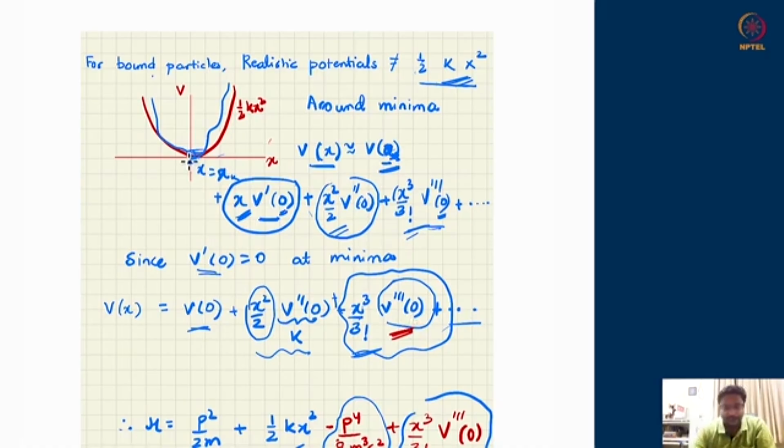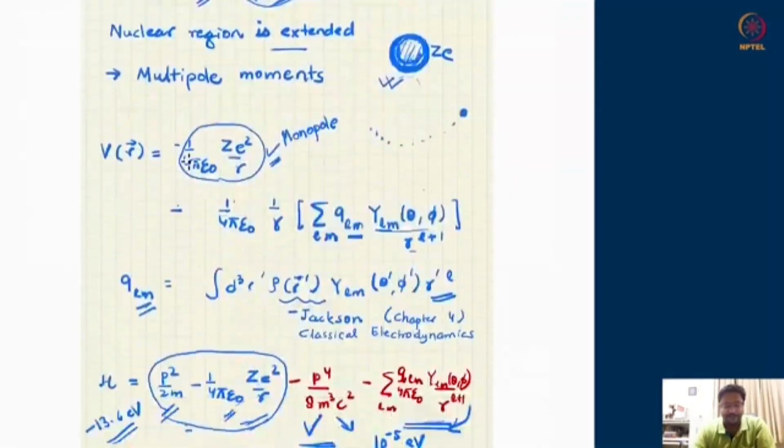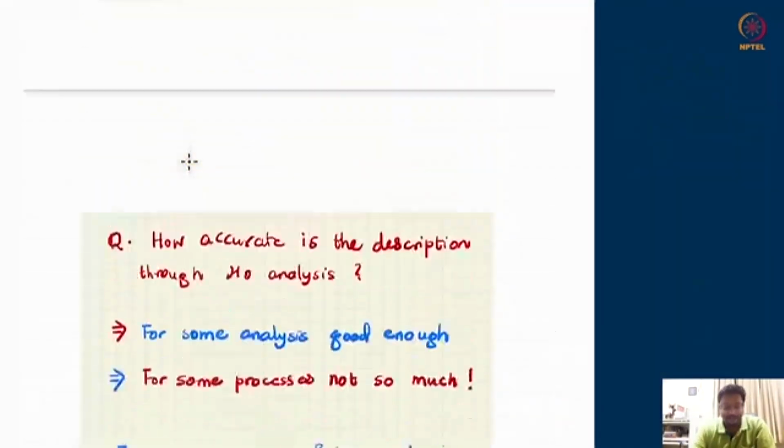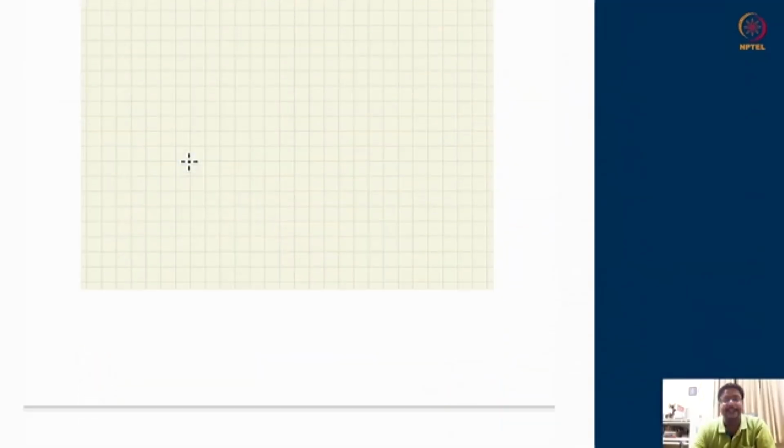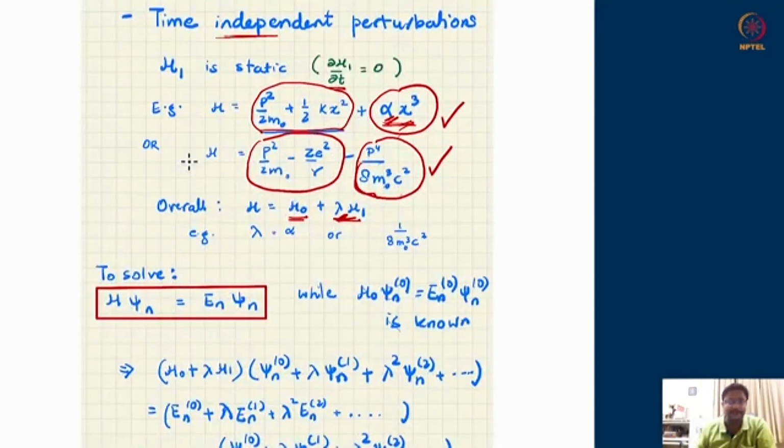So the parameter alpha which I have written in today's slide is virtually the third derivative of the potential at the minima. Similarly, the fourth order momentum correction coming from the correct description of kinetic energy comes with a parameter 1 upon 8 m naught cubed c squared, that is, the mass of the particle times the speed of light and their various powers.